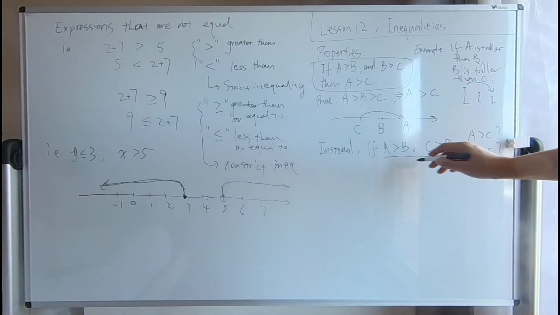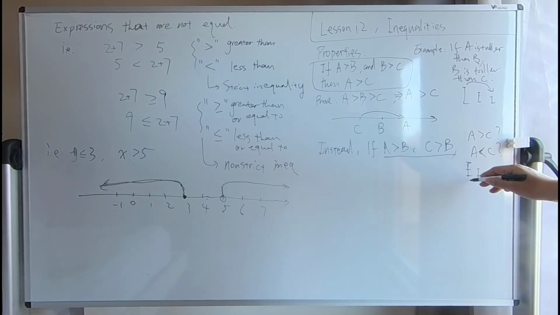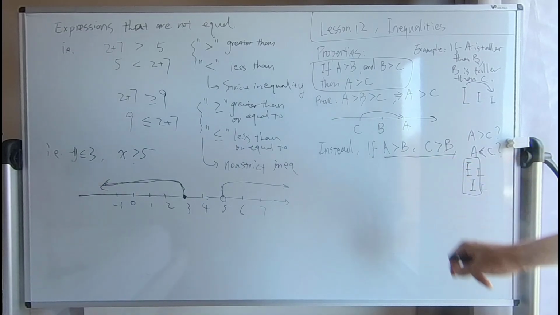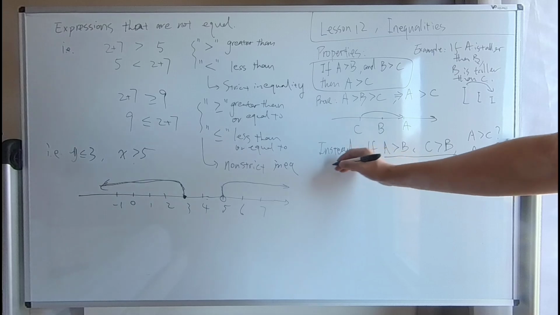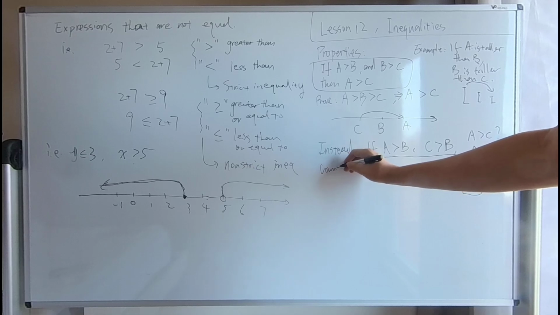Again, intuitively, if A is taller than B and C is also taller than B, you cannot definitely tell who is taller between A and C, because the benchmark is not in a direct way. Or just use number examples, for a counterexample.